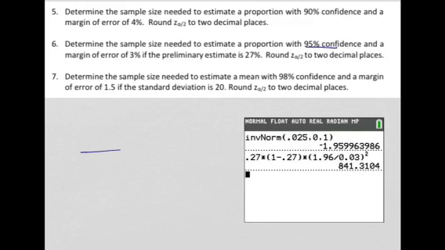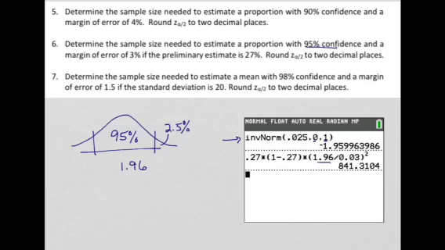So that means if there's 95% in the center, that's 2.5% in each tail, and that's why we use inverse norm 0.025. And the mean is 0, standard deviation is 1. Some of you don't need to enter that. Everybody with the stat wizard will have to enter that. So we've got a z-value of 1.96 when that's rounded to 2 decimal places.